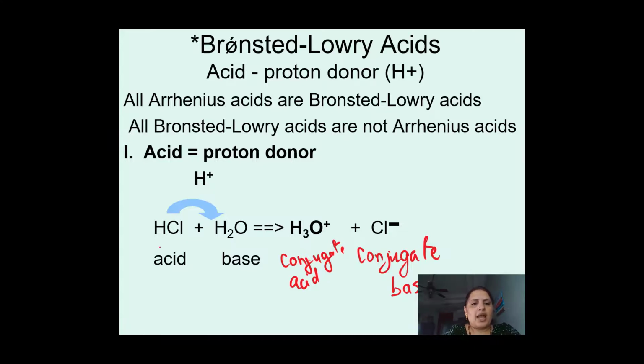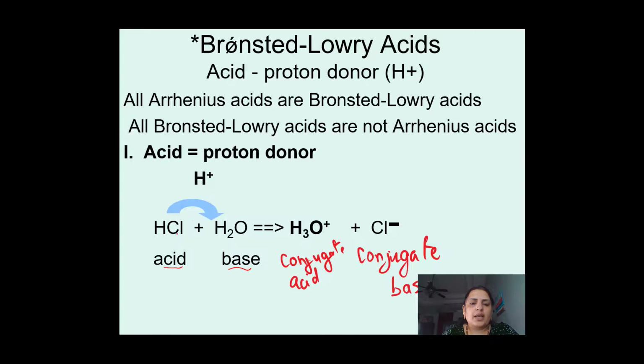So if you look at the equation here, HCl plus H2O giving you hydronium ion plus chloride ion. In this case, if you look at the reactants, the hydrogen is transferred from HCl to H2O. That means HCl donates a hydrogen. So that's why it's an acid, whereas H2O accepts a hydrogen. So that's why it's a base, right?